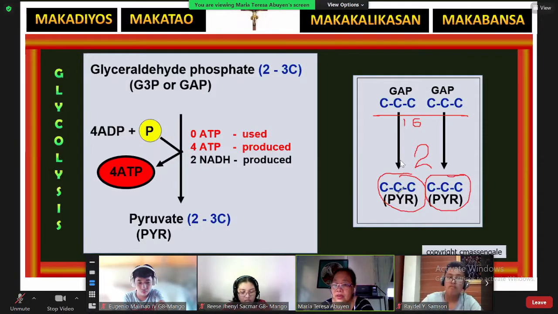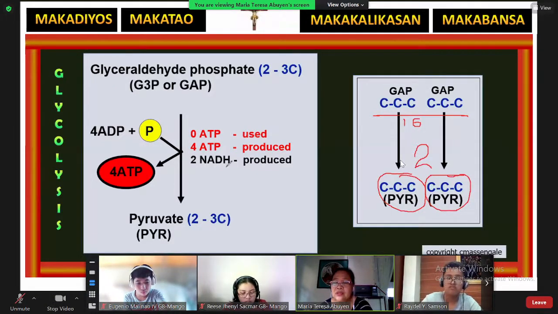In other words, for every glucose molecule, only 2 pyruvates will be made. During the process, 2 NADH are made.